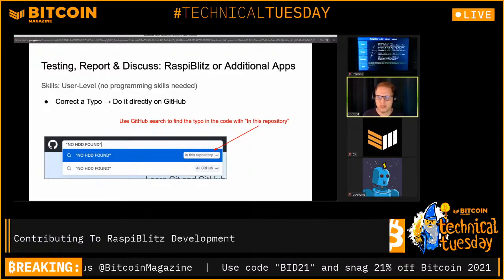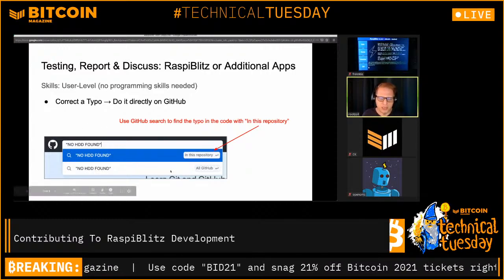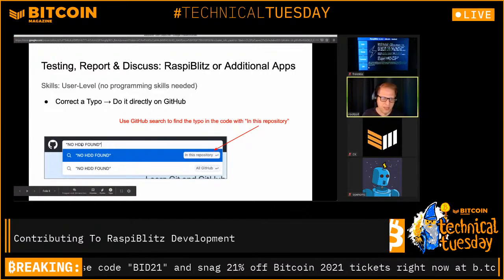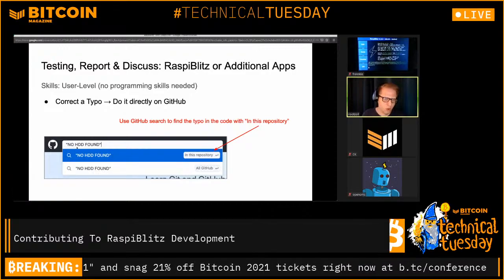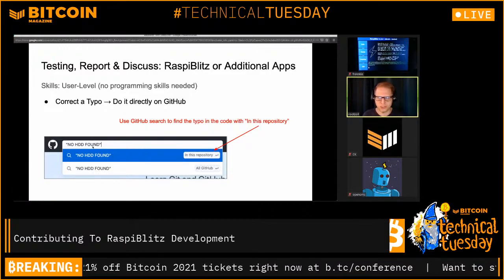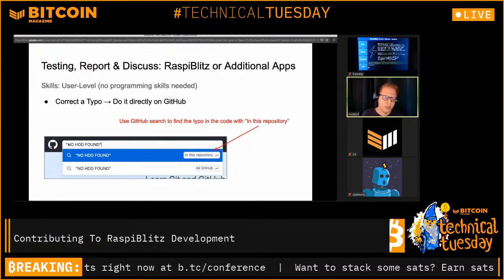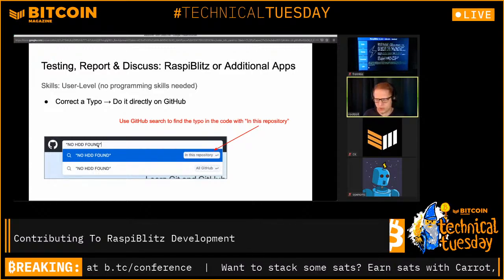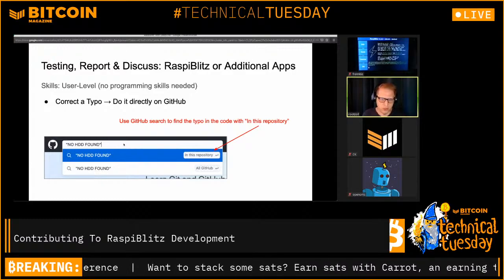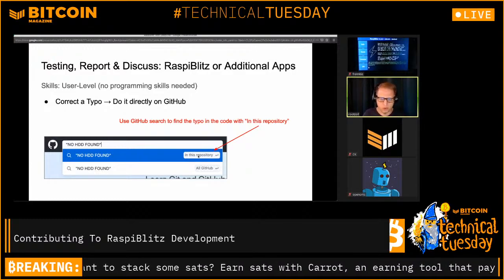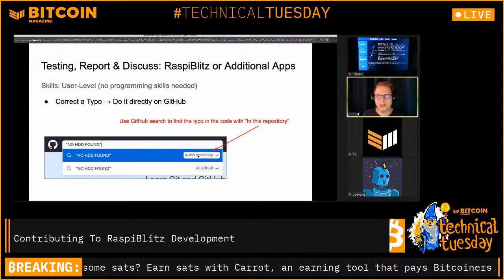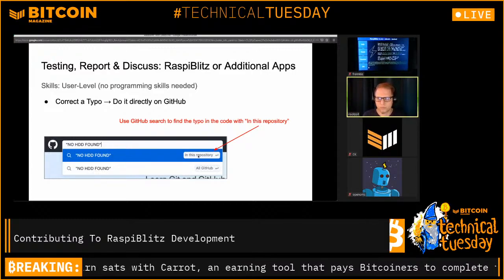What you can do, and it's quite simple, is go to the Raspiblitz GitHub. For example, there's a message saying no HDD found, and you say, no, it's not an HDD, it's an SSD nowadays. You want to change this. You put the little string that was shown into the search bar and search just in this repository, and it will give you matches.